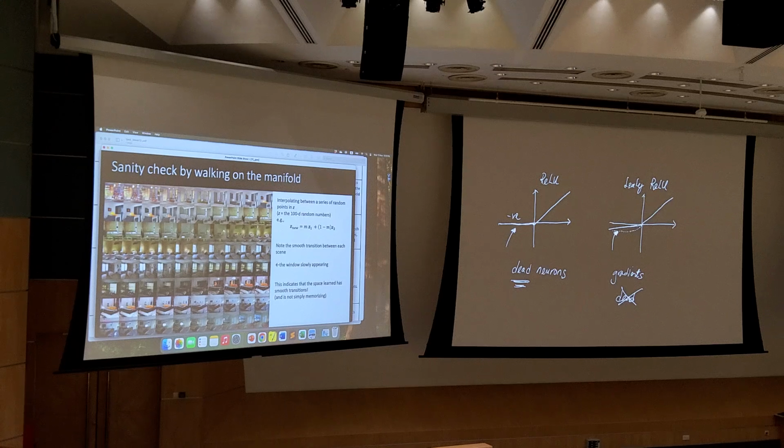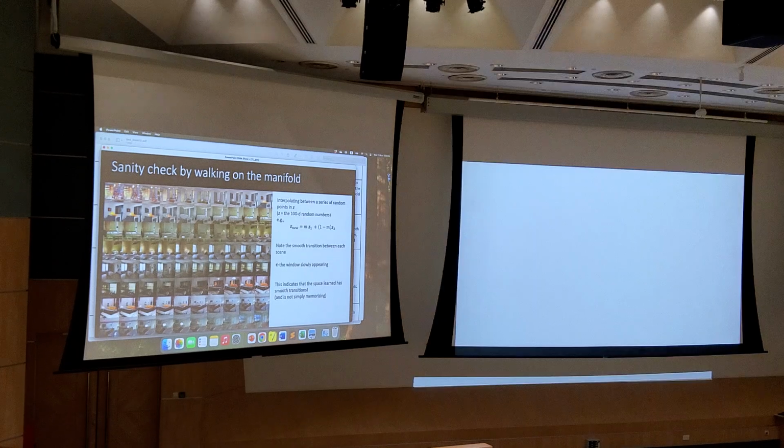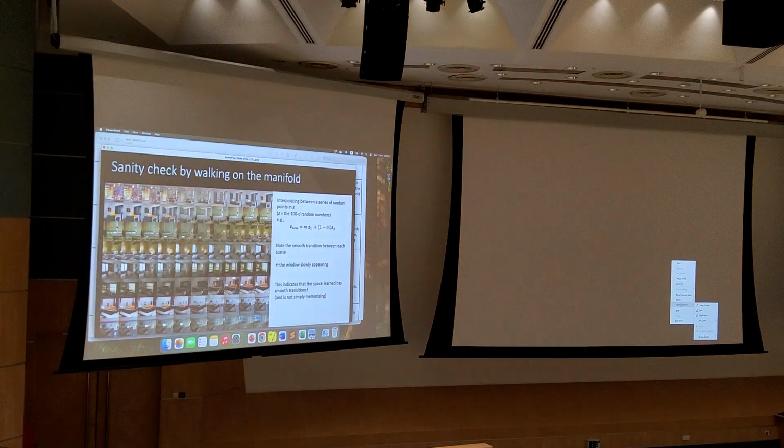because you do not have a good manifold. So if we visualize it, again, you will feed your random vector to your generator, and you're going to generate a fake image.